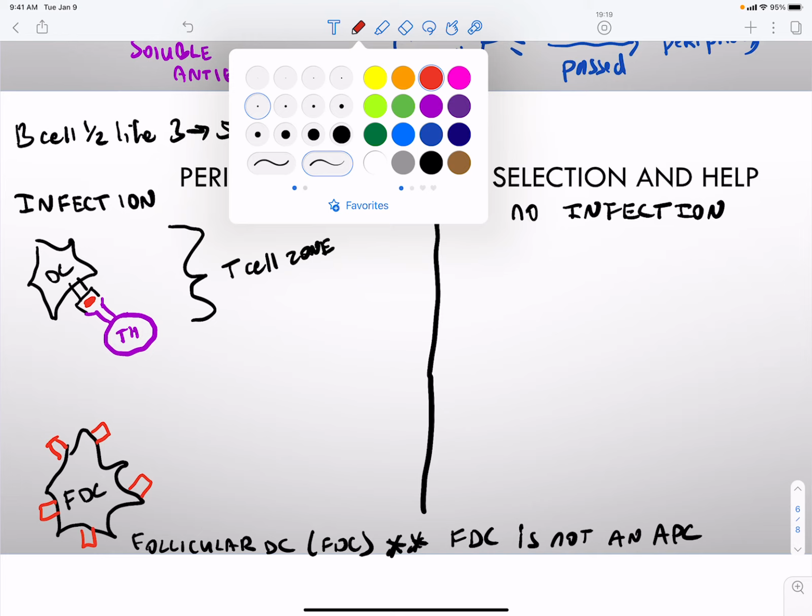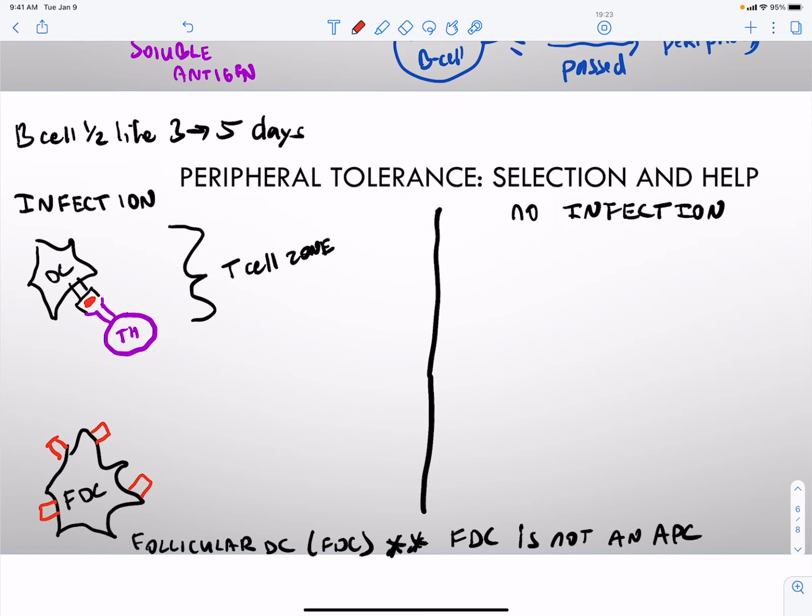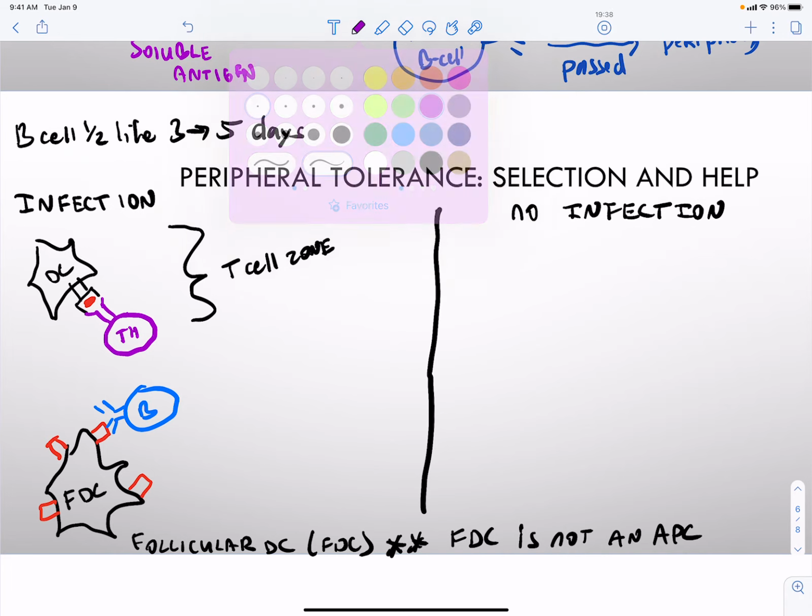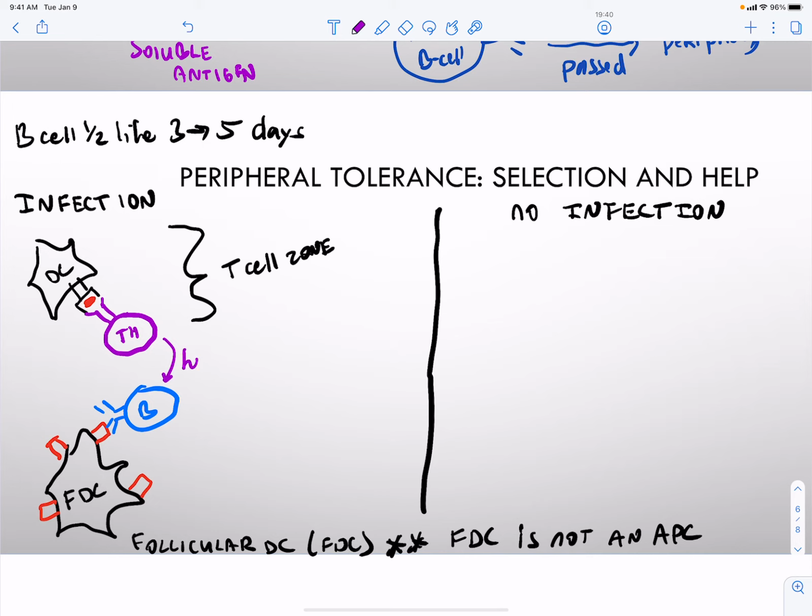So, we'll have a B cell, and it will have its B cell receptor, and it's binding to that red antigen, for example. And then the T helper cell, because it's activated, will help the B cell.